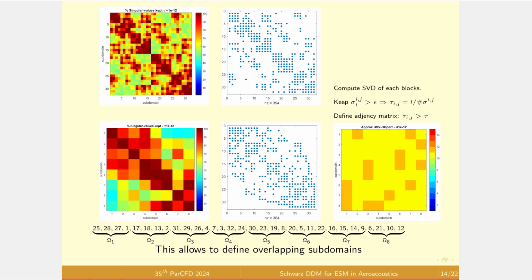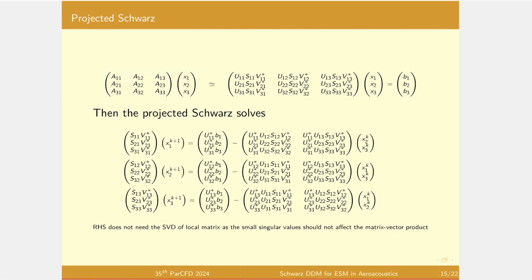Then we can define a projected Schwarz algorithm. Here, what we do, we take into account now a 1D splitting. We take the column, we define this matrix, and we pass this unitary matrix to the other side.